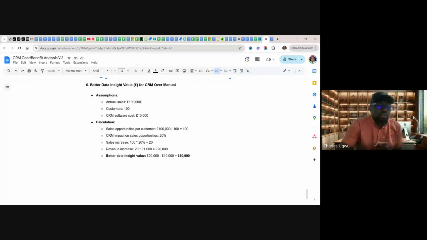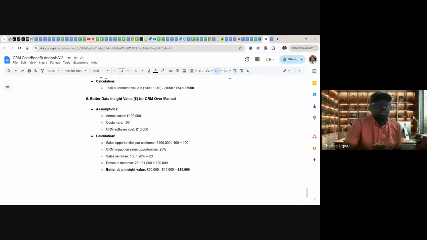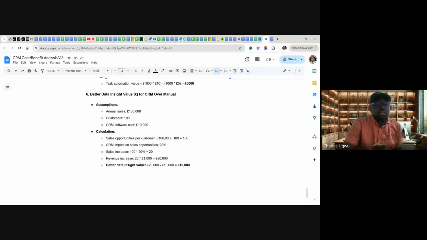And data insights value is going to be 20 by 1,000 minus 10,000. So this is the data insights value for CRM over manual.